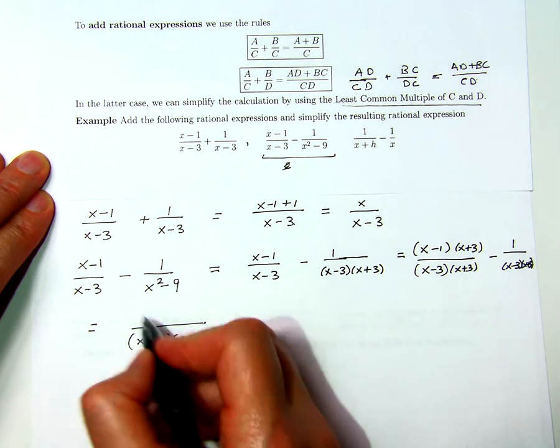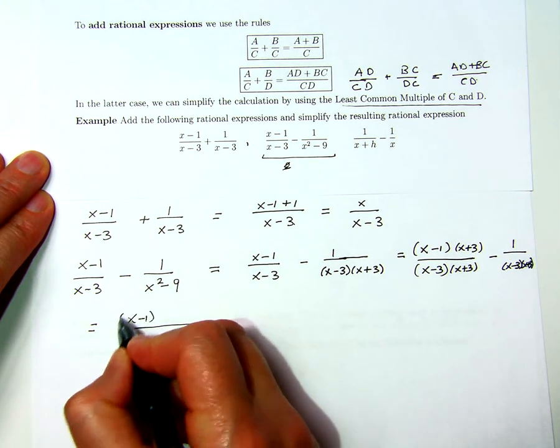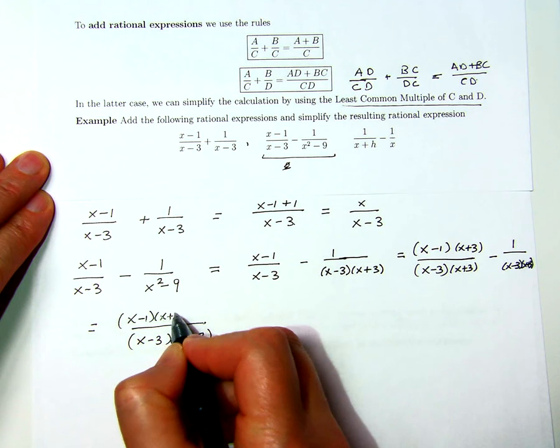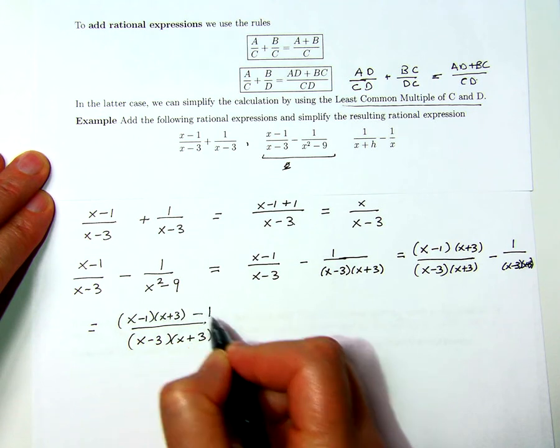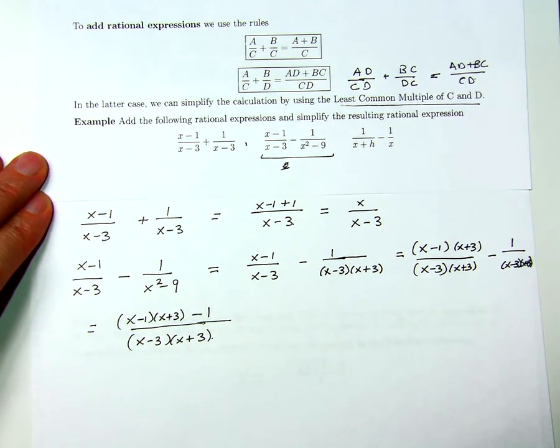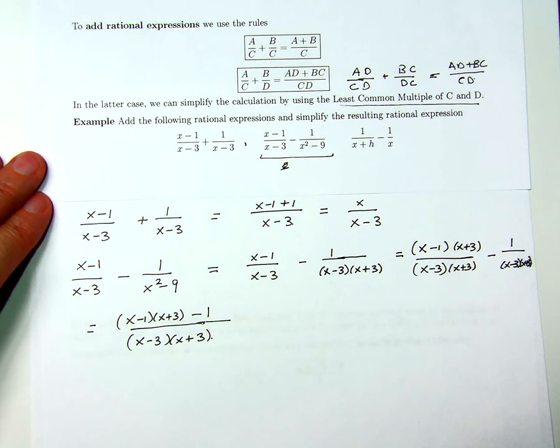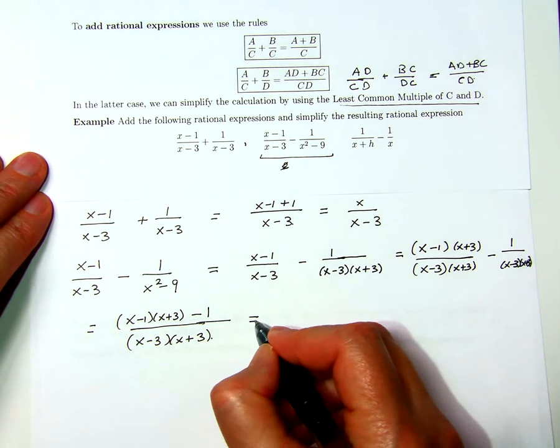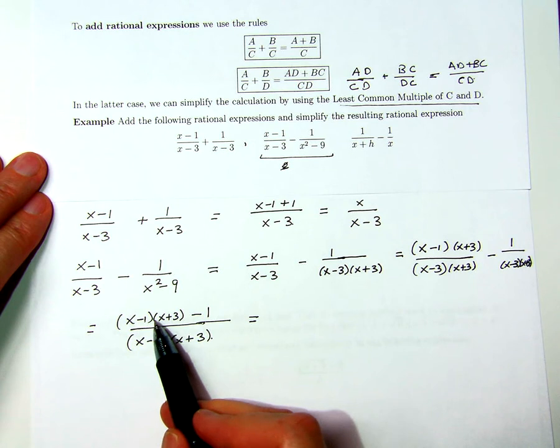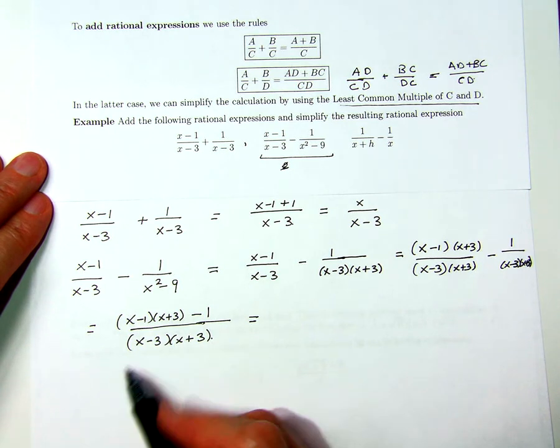And so now I have x minus 1 times x plus 3 minus 1, and now if I like, I can expand this and subtract the 1.